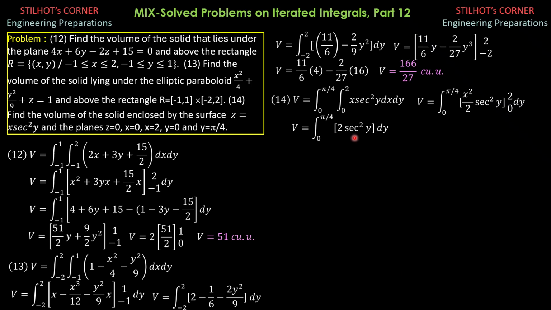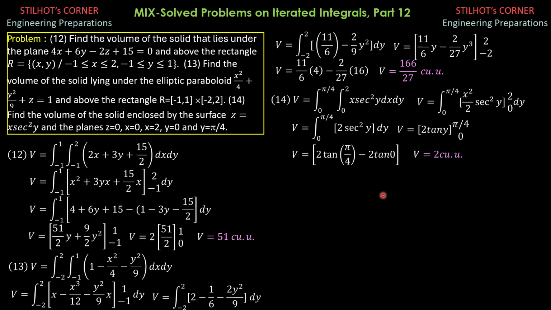Then, of course, the integral of secant squared y is tangent of y because the differential is secant squared y dy. So this is 2 tangent of y from 0 to pi over 4. Since tangent of pi over 4 is 1 and tangent of 0 is 0, 2 times 1 minus 2 times 0, that would be 2.